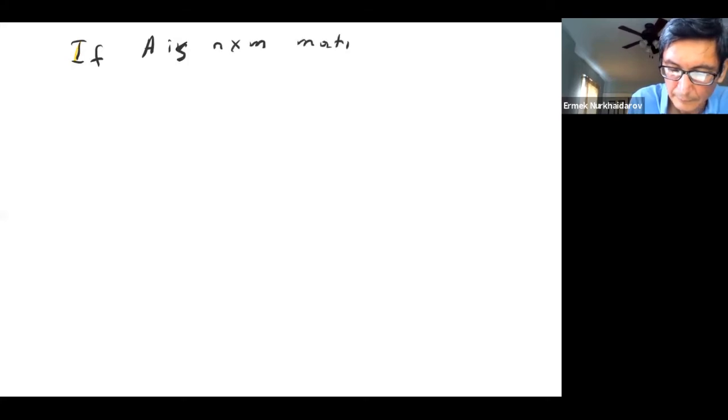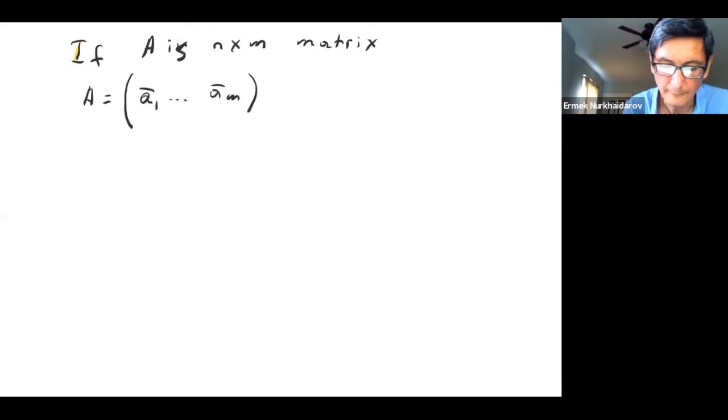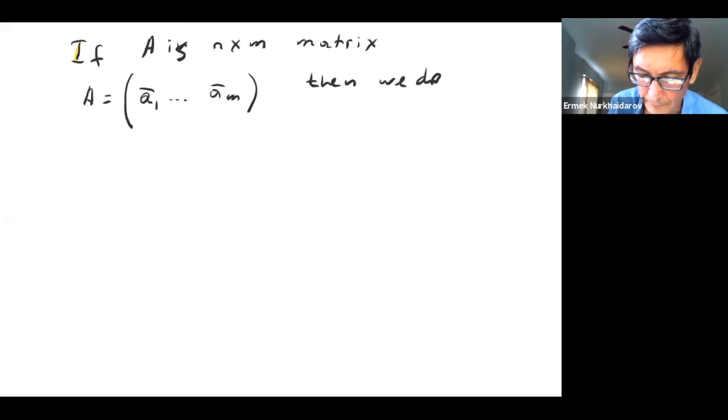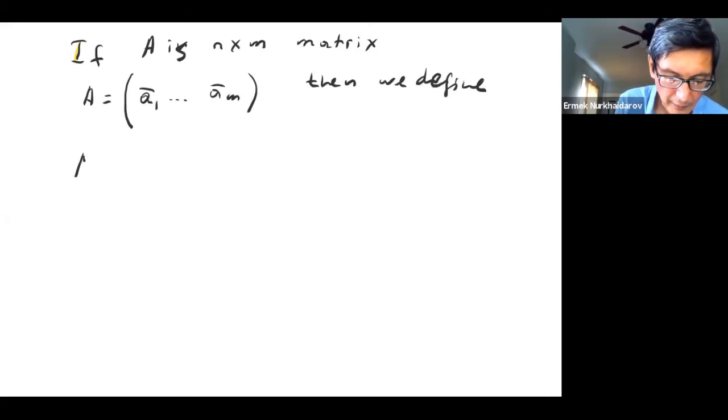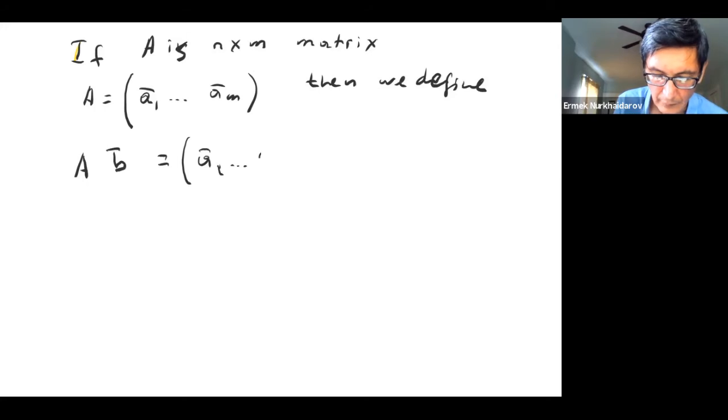What I mean by that is, if A is an n by m matrix, and if A equals a1 through am, then we define A times b to be a1 through am times the vector.